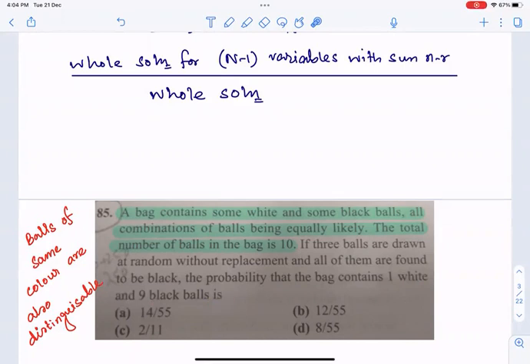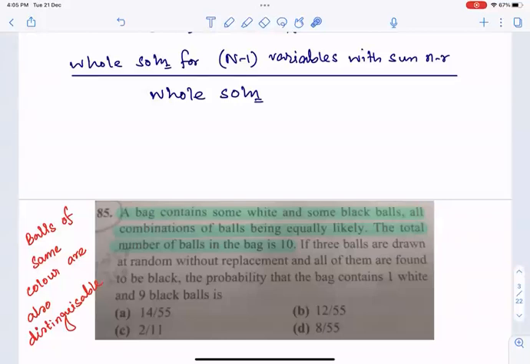So to approach the question, what additional information will we definitely consider? As you can identify, the given options are in this variation. So let us firstly think of this green highlighted section of the statement. A bag contains some white and some black balls, and all combinations of balls being equally likely.